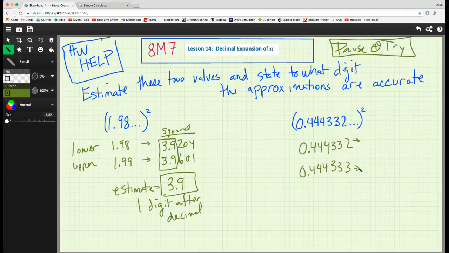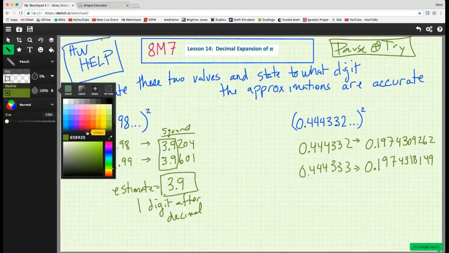Let's square those. 0.444332 squared is 0.1974309262, and 0.444333 squared is 0.1974318149.